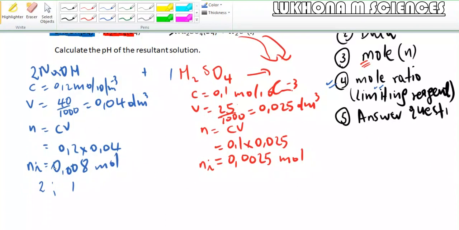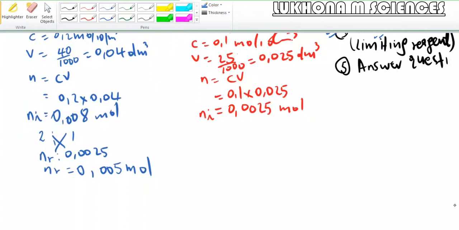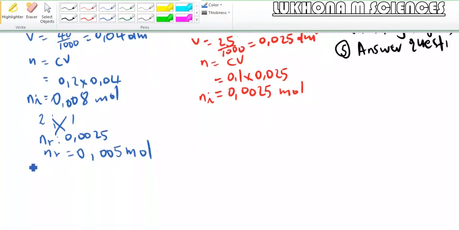Now let's calculate the number of moles of sodium hydroxide that reacts with 0,0025 moles of sulfuric acid. We get 0,005 moles reacted.